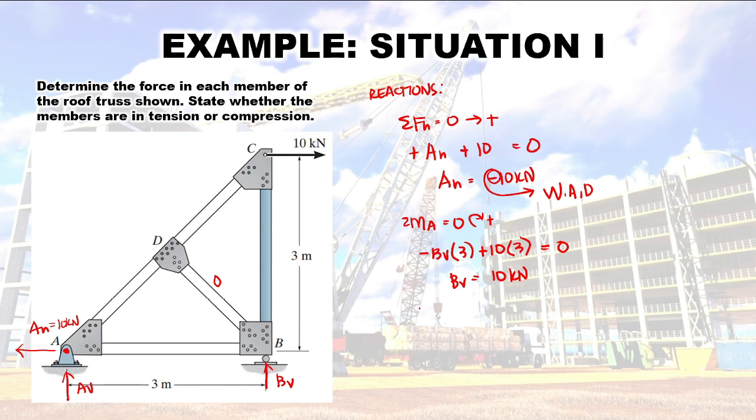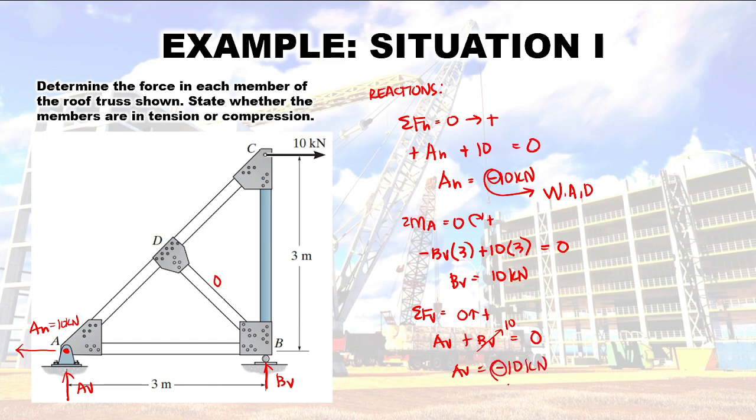Then, we can already use summation forces vertical equals 0, upward positive. So, we have AV going upward, positive, plus BV going upward, positive, is equal to 0. We have no other vertical forces, but we already solved our BV as 10 kilonewton. So, our AV, transpose, becomes negative 10 kilonewton.